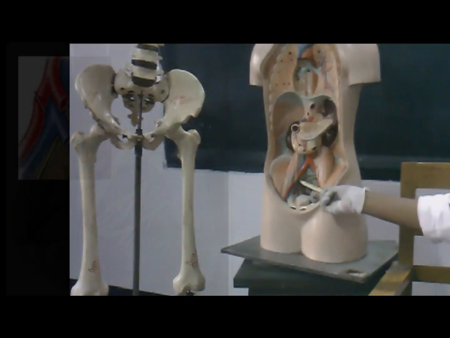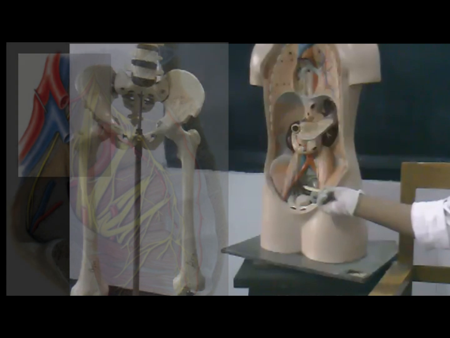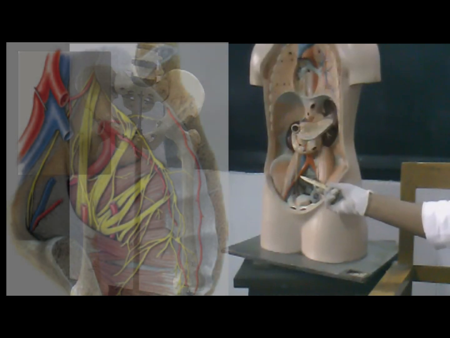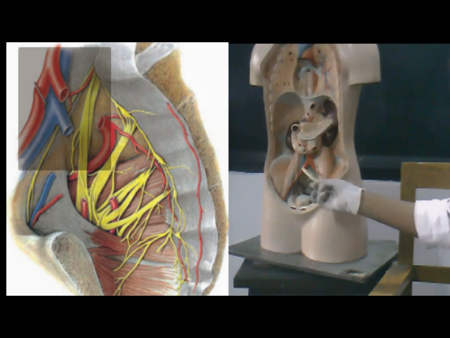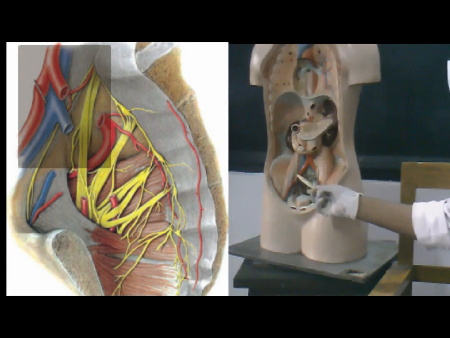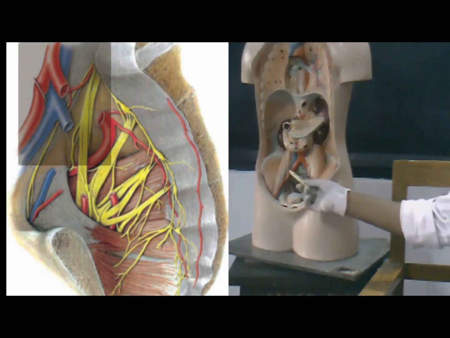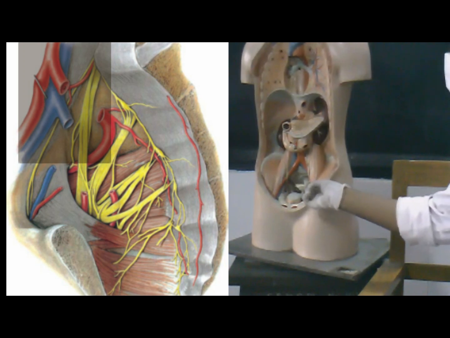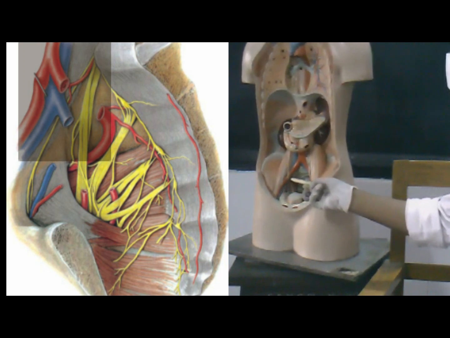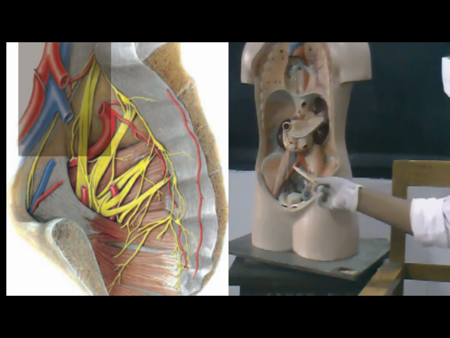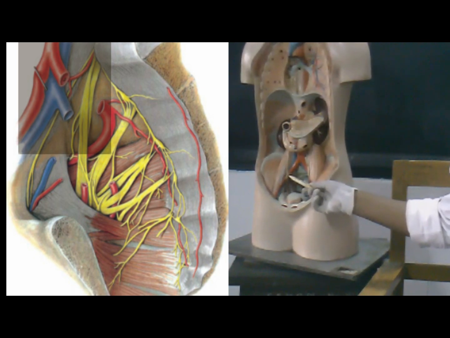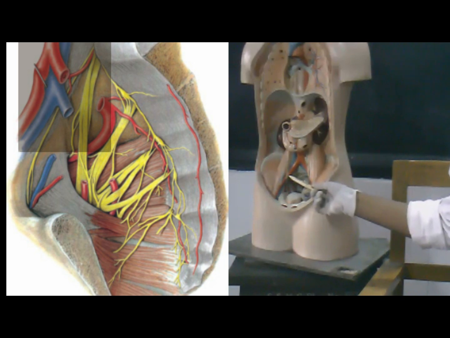Here you can see the formation of the common iliac vein behind this red colored vessel. The blue colored large vessel is the common iliac vein, from here to here. This common iliac vein is formed by the union of the internal iliac vein and external iliac vein, and the bifurcation of the common iliac artery also occurs in front of the sacroiliac joint.